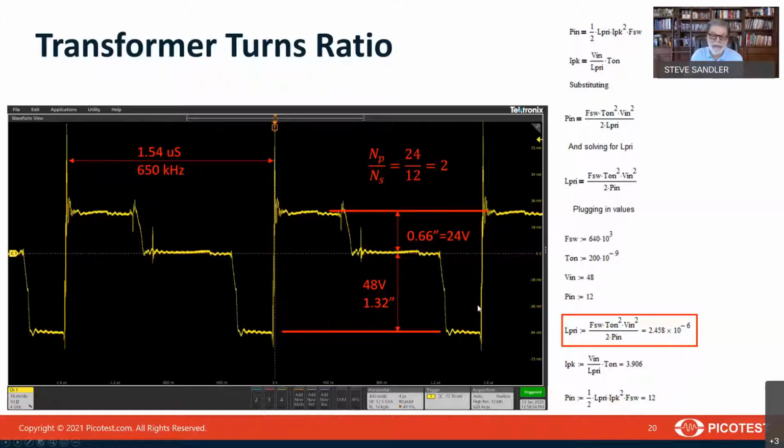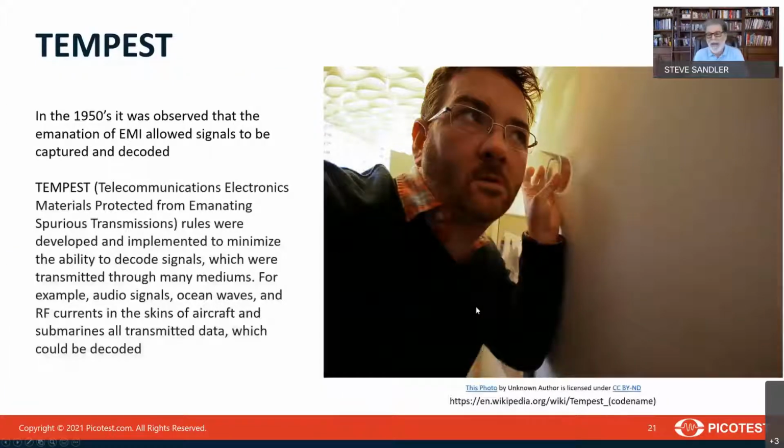And it's one of the reasons that we don't want EMI. In fact, back in the 1950s, it was observed that EMI from large systems, things like submarines and airplanes, relatively big ones, had return signals that often carried through the skins of the submarine and the aircraft. One of the things that we learned in the 1950s is that spies were able to intercept our data by looking at the EMI from the skins of the aircraft and the submarines.